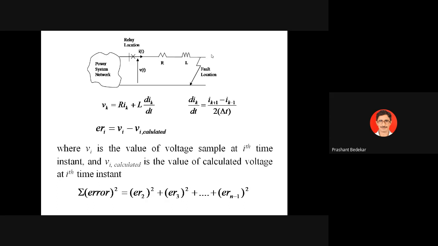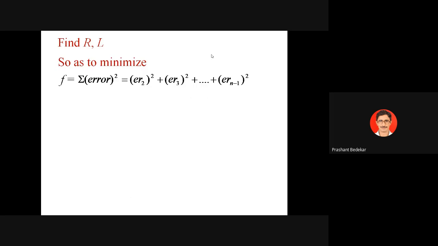This problem can be easily solved using a genetic algorithm or some nature-inspired algorithm. What I am doing then is minimizing the sum of square of errors. So this becomes my objective function, and I have converted the problem into an optimization problem.